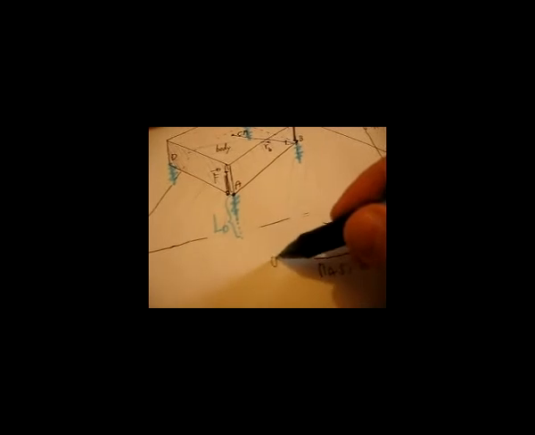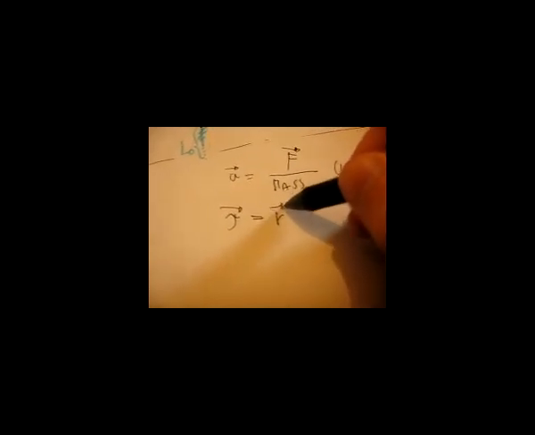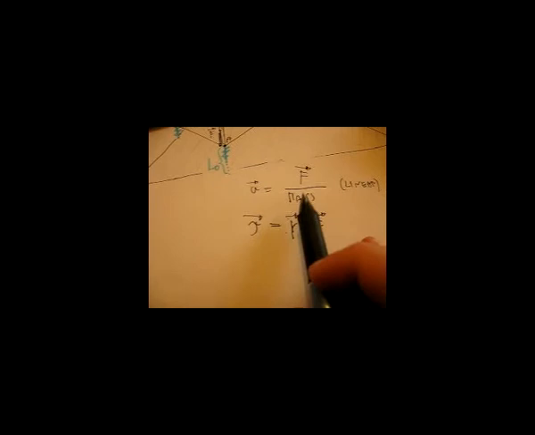And the angular, as you can get in any standard physics book, is torque vector equals cross product of R with F. This is the variation of angular momentum, and this is the variation of linear momentum.